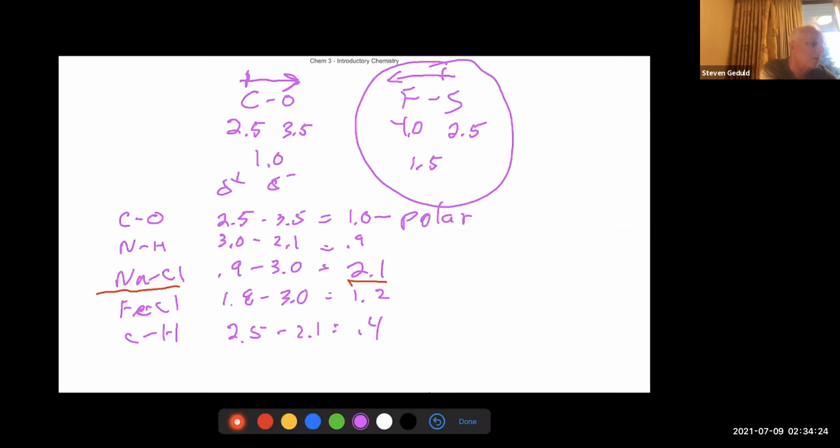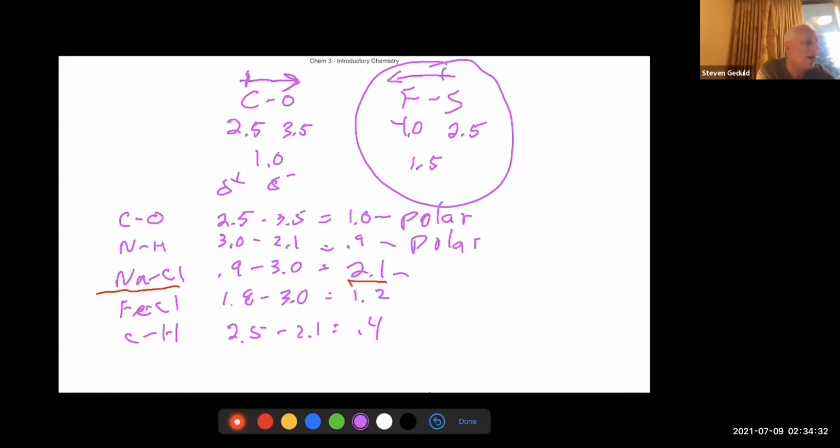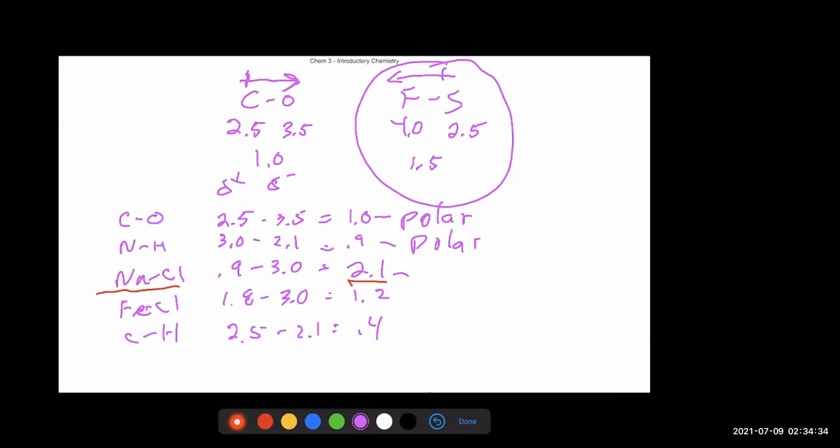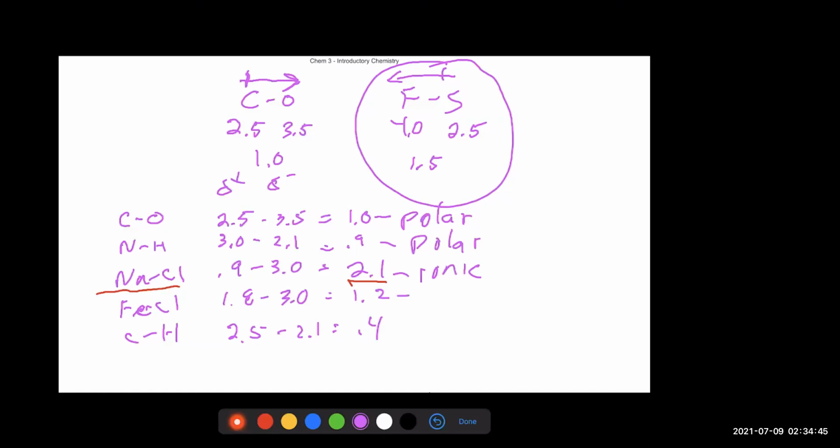Okay, nitrogen hydrogen bond, polar, ionic, or covalent? Polar. NaCl, polar, ionic, or covalent? Ionic. Iron chloride, polar, ionic, or covalent? Ionic. No, ionic is greater than 2.